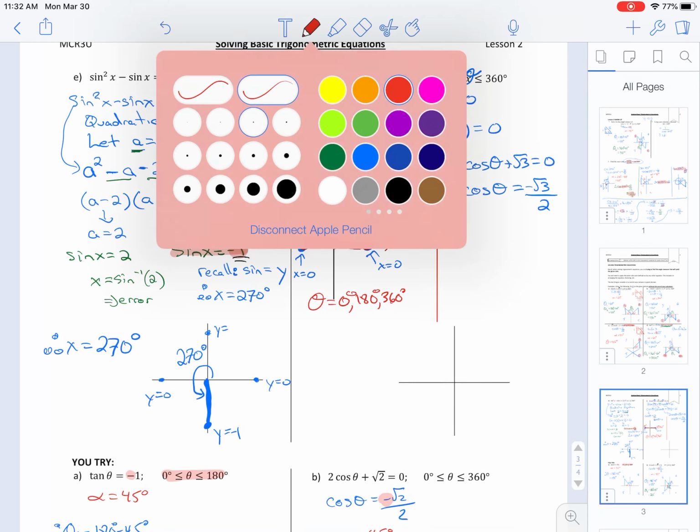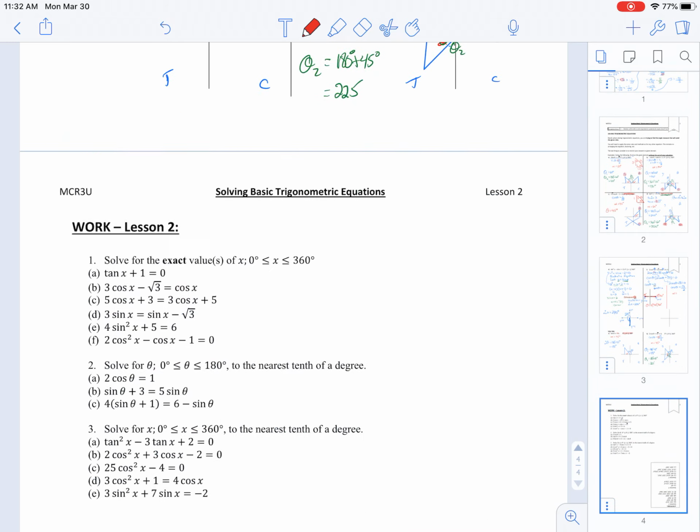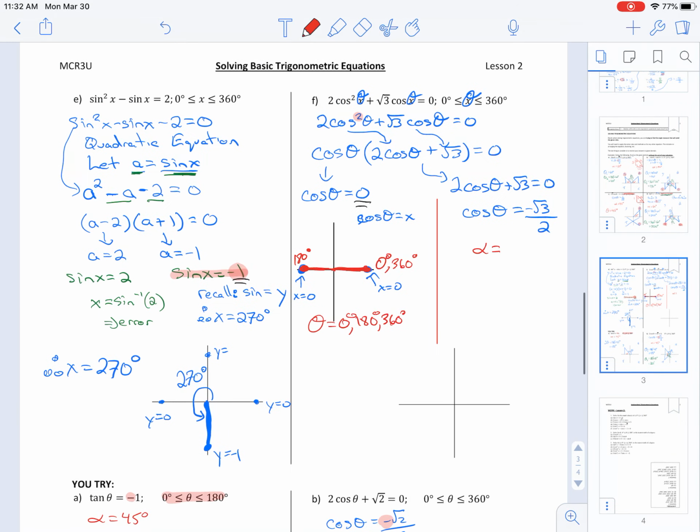Second one, we've done lots like this. So I say, okay, what's alpha? So I've got an exact value. Alpha is going to be, and you can draw this out if you want, 30 degrees. And looking at this, it's a negative value. So I say, okay, cosine being negative is going to fall where? Here and here.